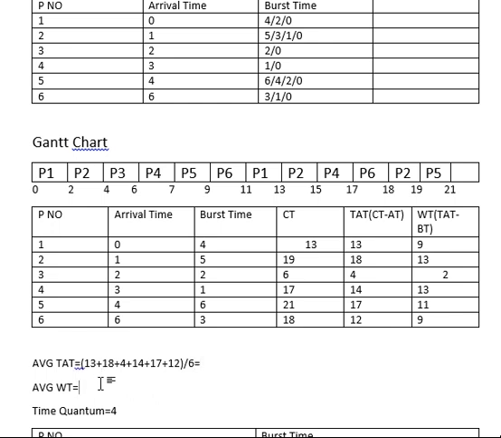And average waiting time would be 9 plus 13 plus 2 plus 13 plus 11 plus 9, everything divided by again 6. That's your average waiting time.